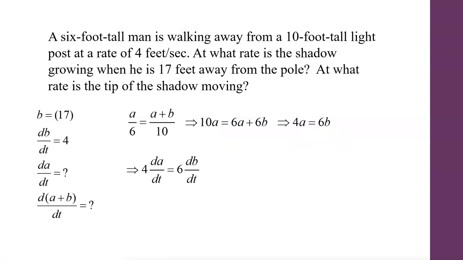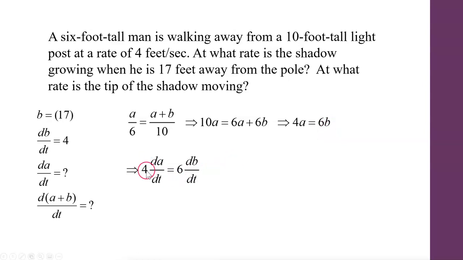So on the left side, I have 4 dA over dt. So we're taking the derivative here implicitly. We're thinking of both A and B as functions of time, right? So you can think of this as f of t. On the other side, this would be g of t. And we're taking implicit derivatives here, right?